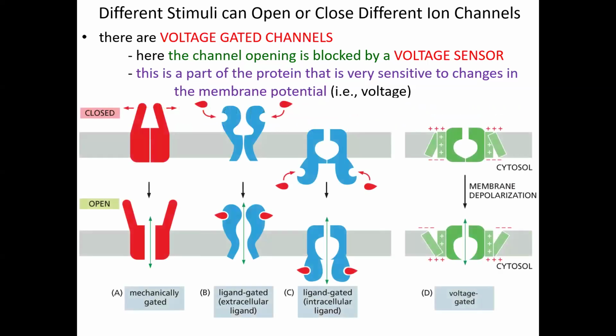So for voltage-gated channels, we see these all the way on the right here. At one specific membrane potential, at one measurement of millivoltage across the membrane, which is a measure of wanted ion flow, the channel is closed.